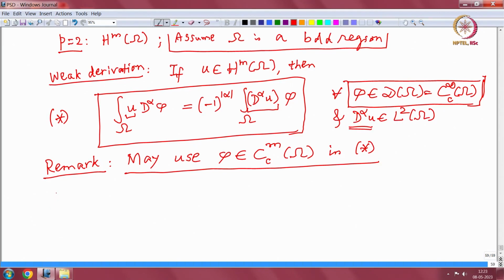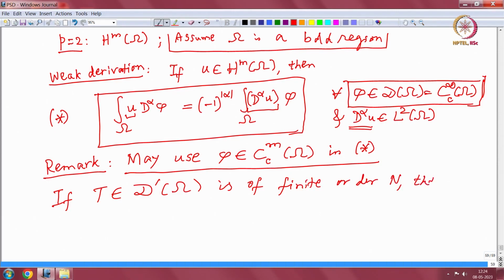If T is a distribution of finite order, say n, then T extends as a continuous linear functional to C^n(Ω).